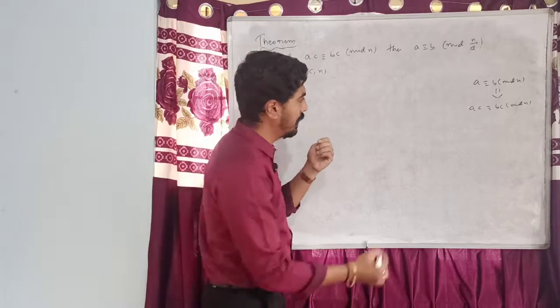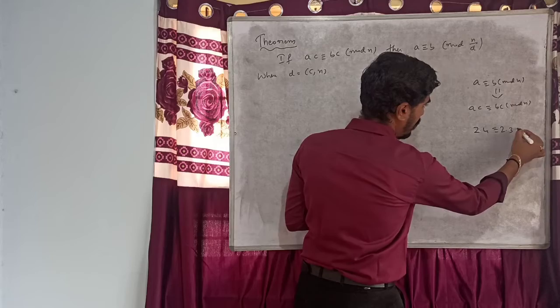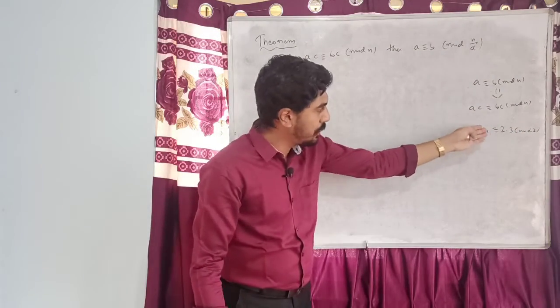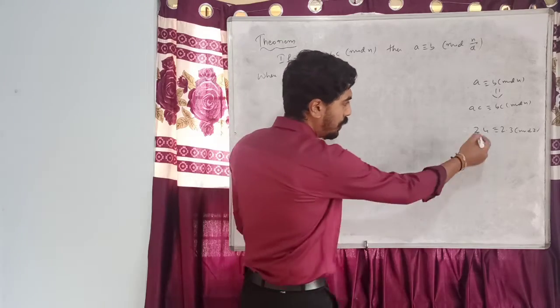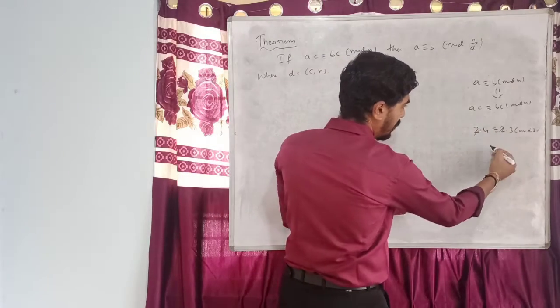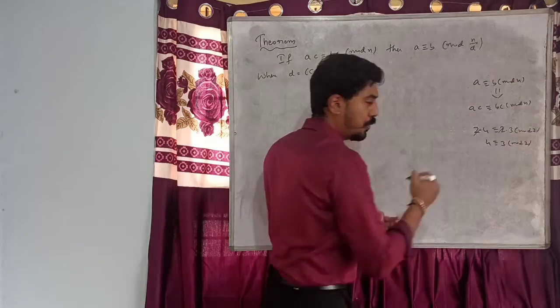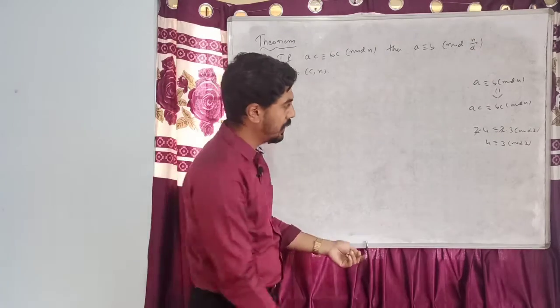Say for example, 2 into 4 is congruent to 2 into 3 modulo 2, because 8 minus 6 is 2, which is divisible by 2. But here we cannot cancel 2 on both sides. If I cancel 2 on both sides, I get 4 congruent to 3 modulo 2, which is not true, as 4 minus 3, which is 1, is not divisible by 2.